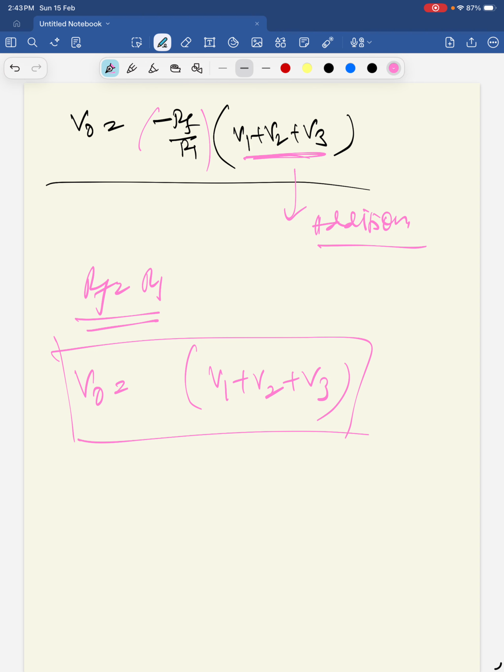So it's a negative sign, so it's an inverting adder circuit.